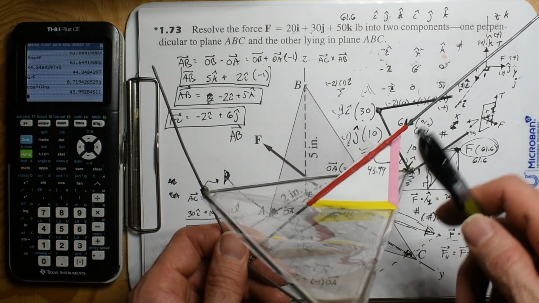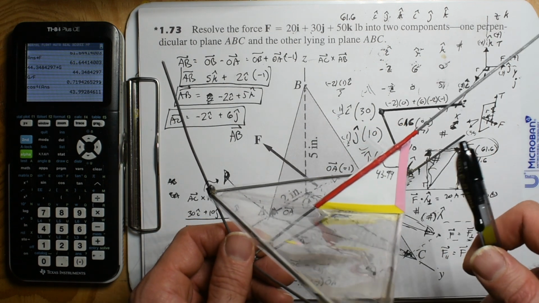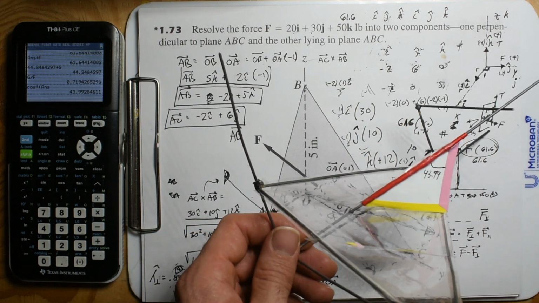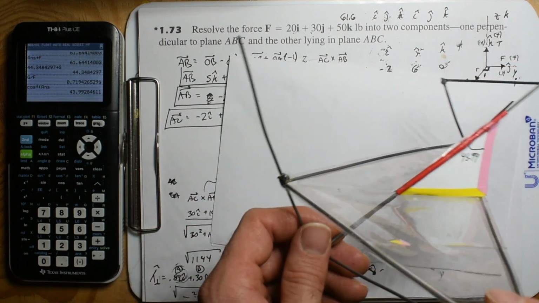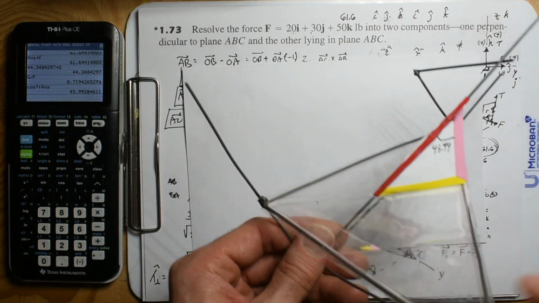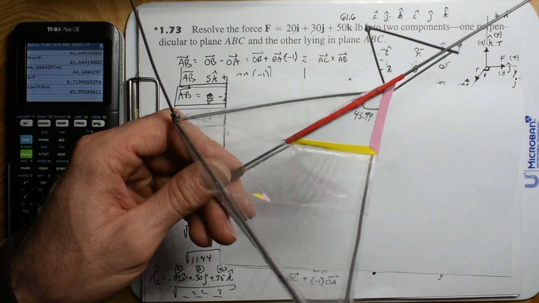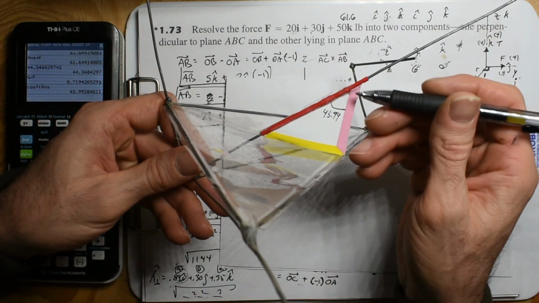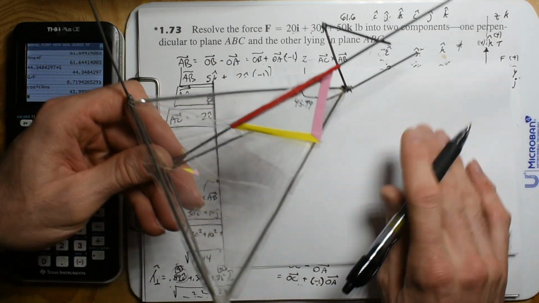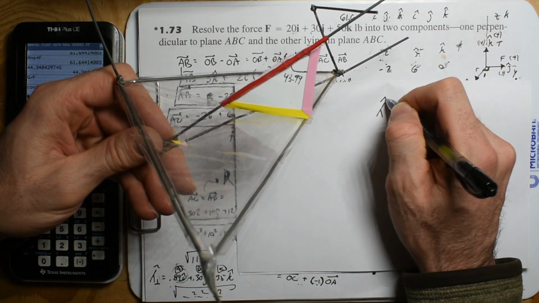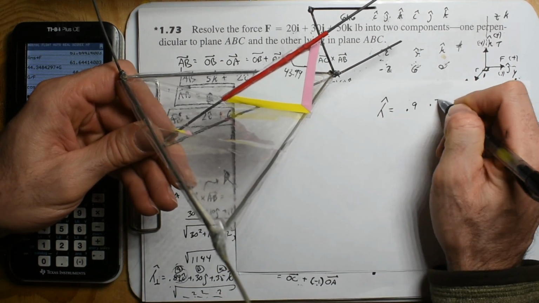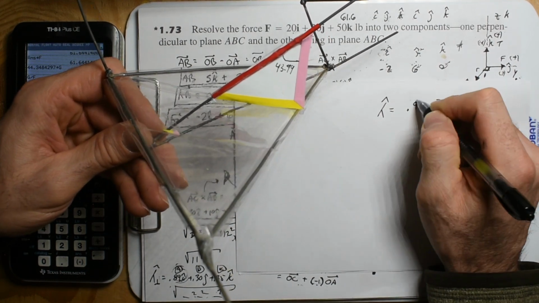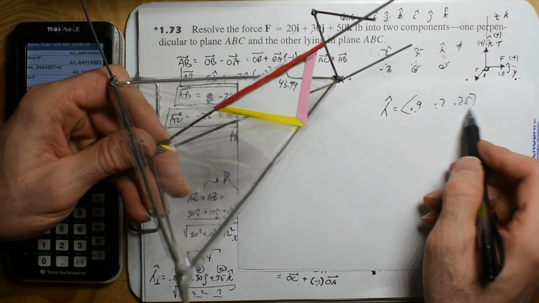Sweet. So we have that angle and we got that component. And this is the wild thing of this whole problem. It's still not over, because now we know the magnitude of this component, and we know the unit vector, and we've spelled that out. It's like 0.9, 0.3, 0.35. So you have those three components, i, j, k.